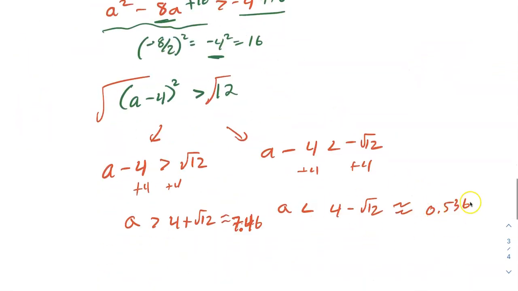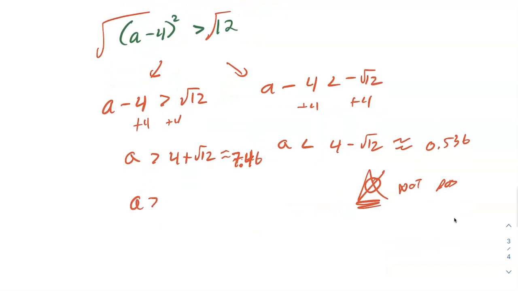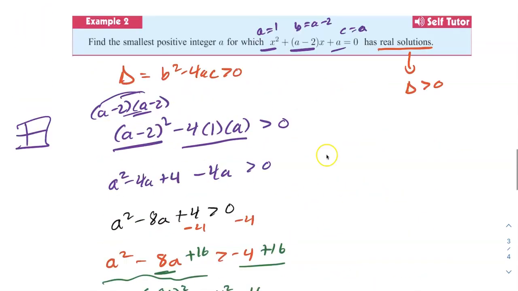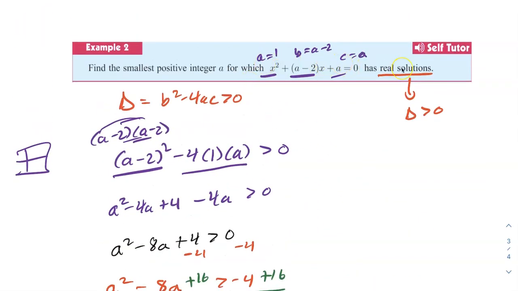If we look here, 0.5 is small. Less than that is 0 though, and remember less than 0 is not positive. It's neutral. So it must be this one. A is greater than 7.46, which means a must be equal to 8. That's the smallest positive integer for which this thing has real solutions.